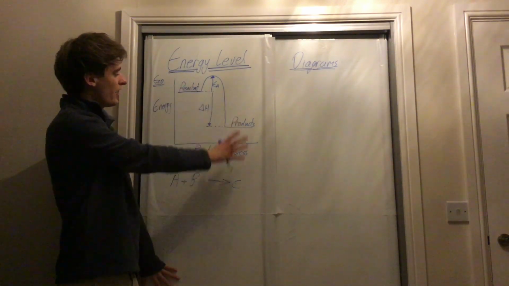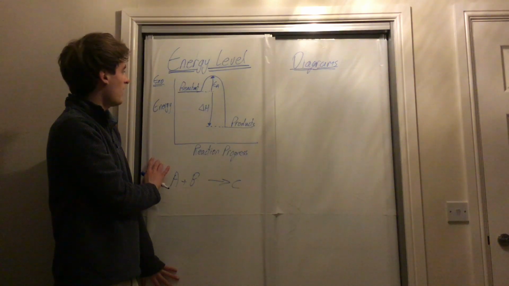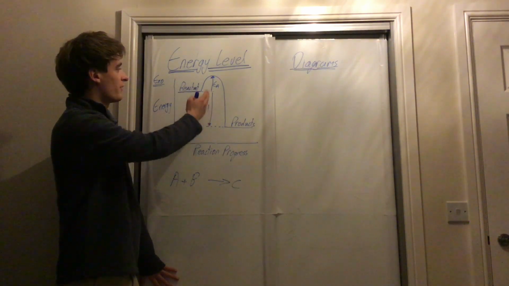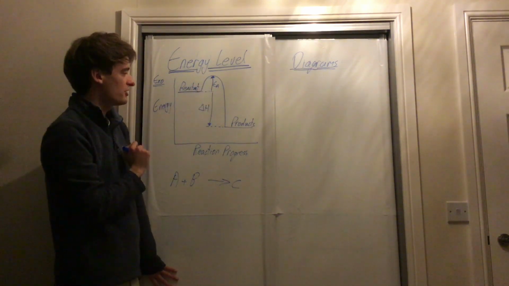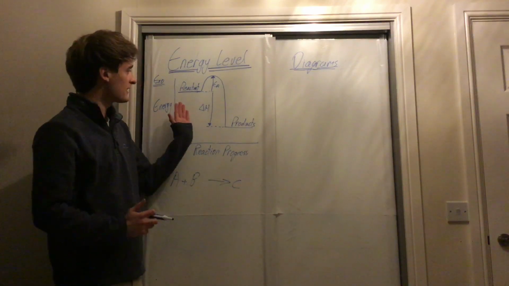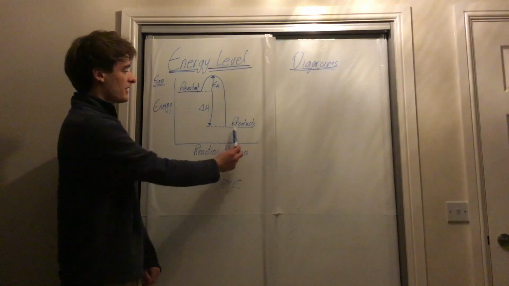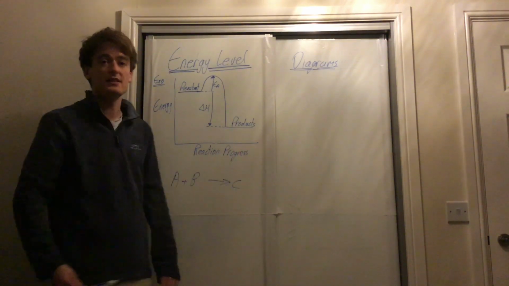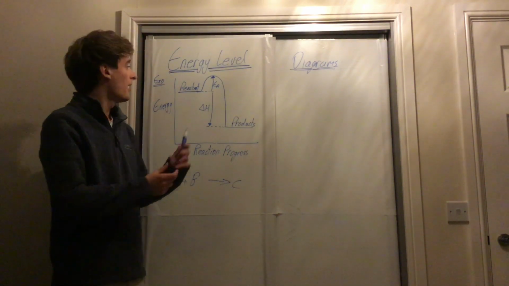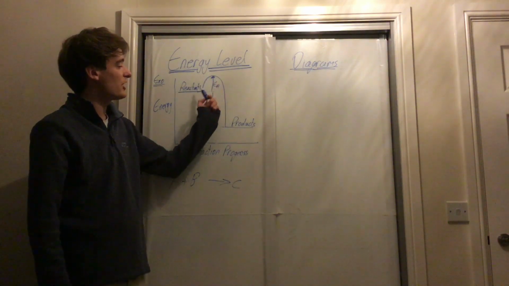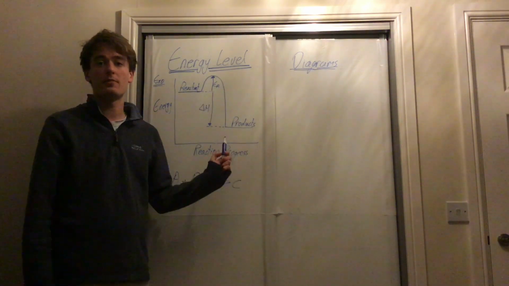So that is my exothermic energy level diagram: delta H coming down here, activation energy up here. And this explains why exothermic reactions are more common, because it's favourable for a system to end up at lower energy. And if it has the activation energy, it's very likely that it'll end up down at the products.